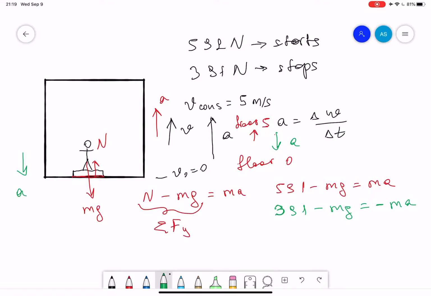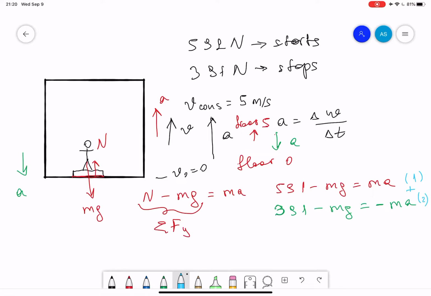So first of all, we have to find what? We have to find the weight of the person, right? If you want to find the weight of the person, then we want to get rid of the acceleration, so we can just sum these equations, okay? This is equation 1, this is equation 2. We're going to sum them.